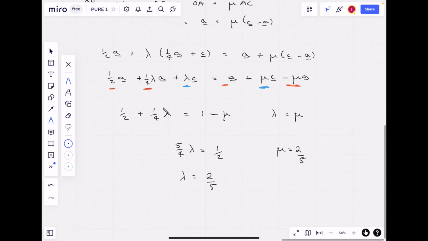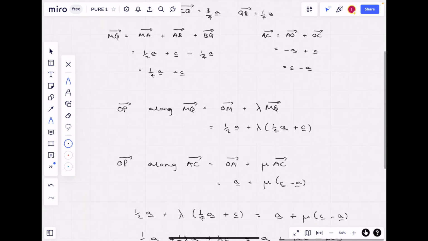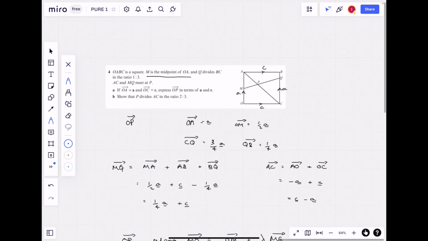Cool. So that means OP, we can now just sub that into one of the equations we have for OP. We get 3 over 5A plus 2 over 5C. Cool. Part B. Show that P divides AC in the ratio 2 to 3.